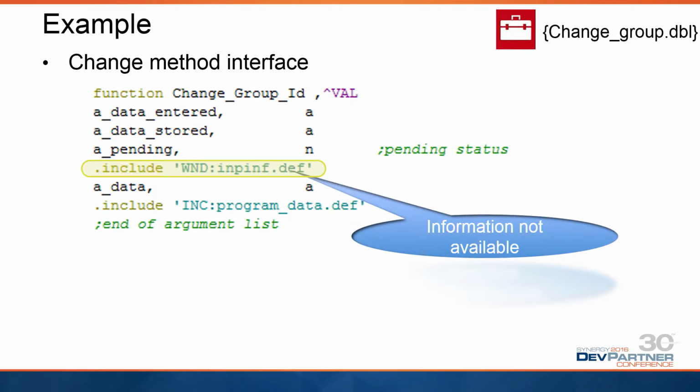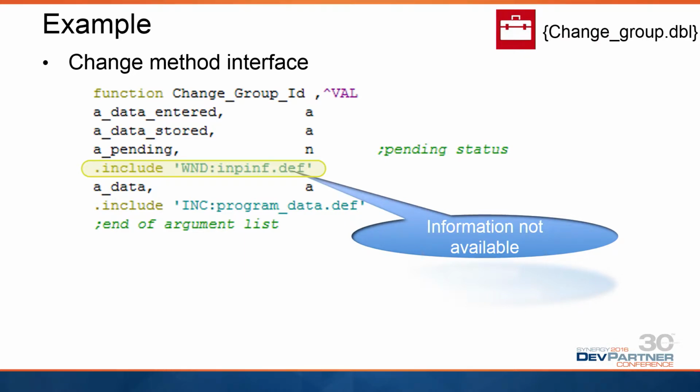The pointers that are used, because that field, input info, tends to have pointers to what the field name is, what the field start is, what the field end is, things like that. We don't have that information because we don't have the input block associated with that field within the input window. So if you're using information like that, there will be code changes in your change method required. They're not insurmountable, but there will be changes required.